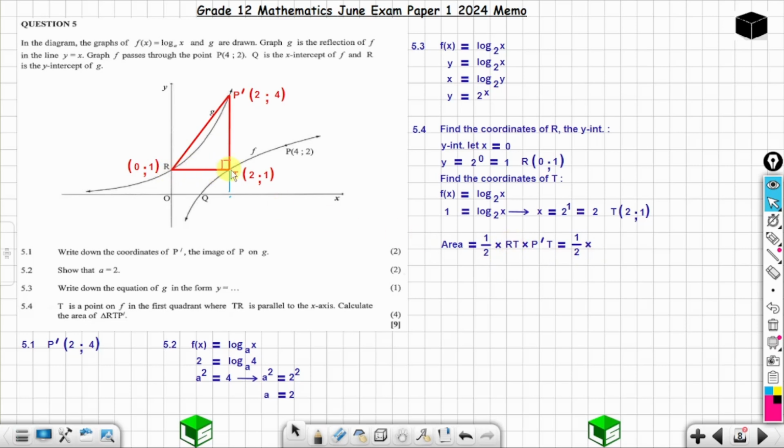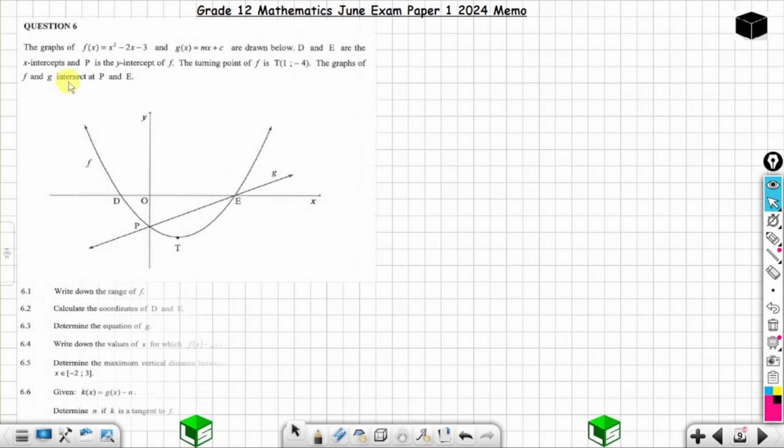RT is equal to 2, from 0 to 2, times P dash T. P dash T, from 4 to 1 you have 3. 4 minus 1, 3. So this is equal to 6 times 1 over 2, which is 3 unit squared.